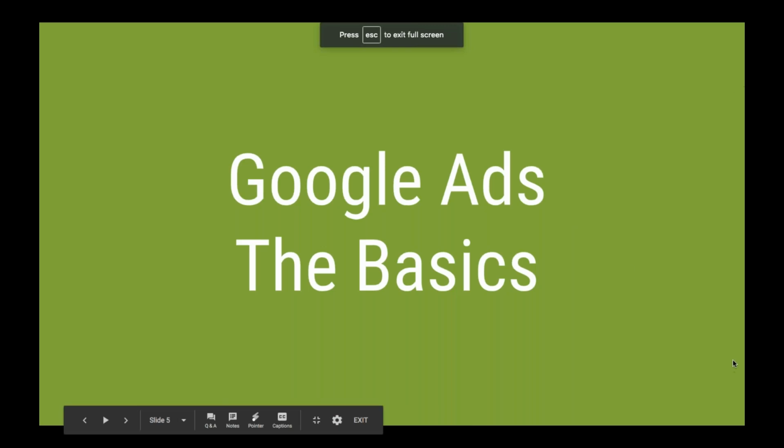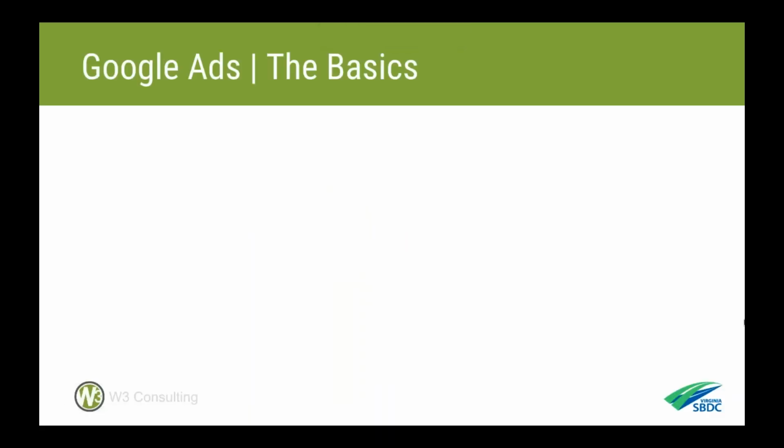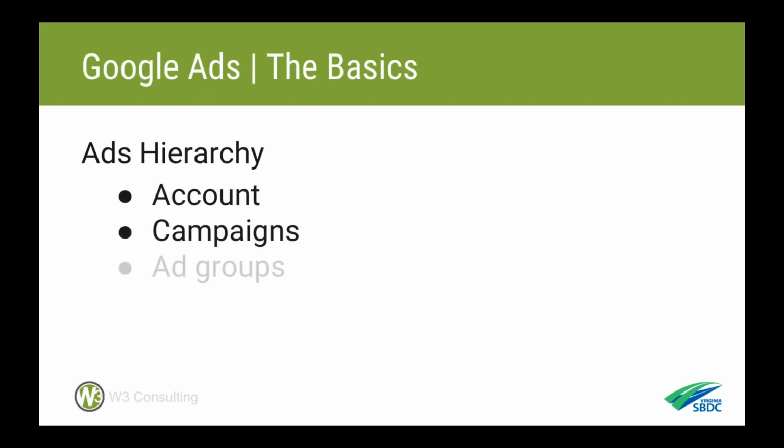What I wanted to do is go over some of the basics regarding Google Ads, just briefly, before we get into the interface itself so you can get an idea about what's going on. Google Ads has its own hierarchy. Every account is designed in 4 levels: you have an account, you have campaigns, you have ad groups, and then you have the ads themselves.